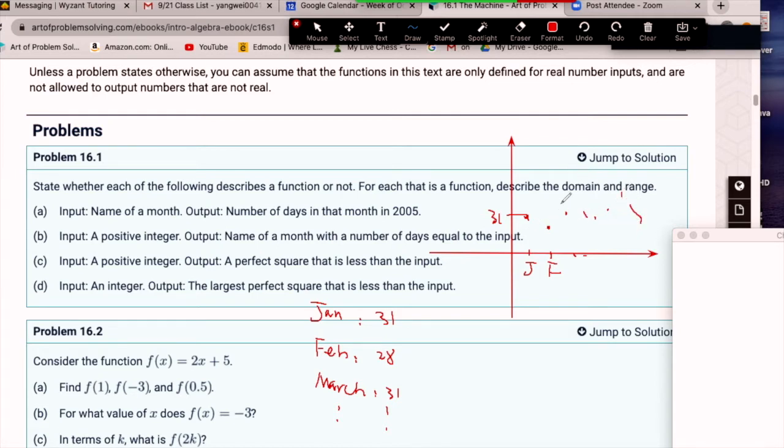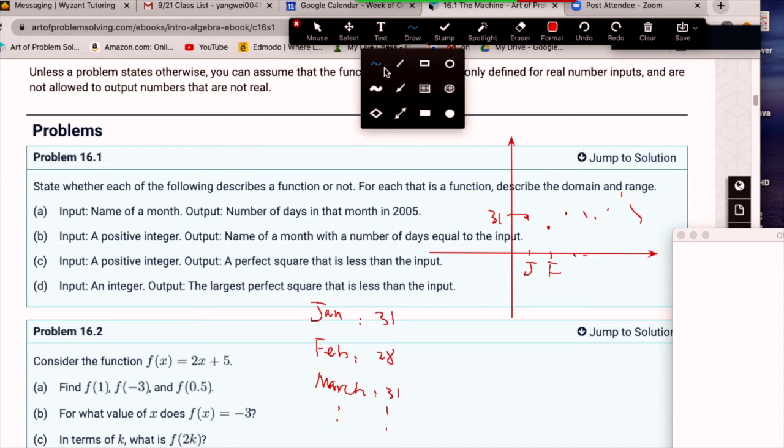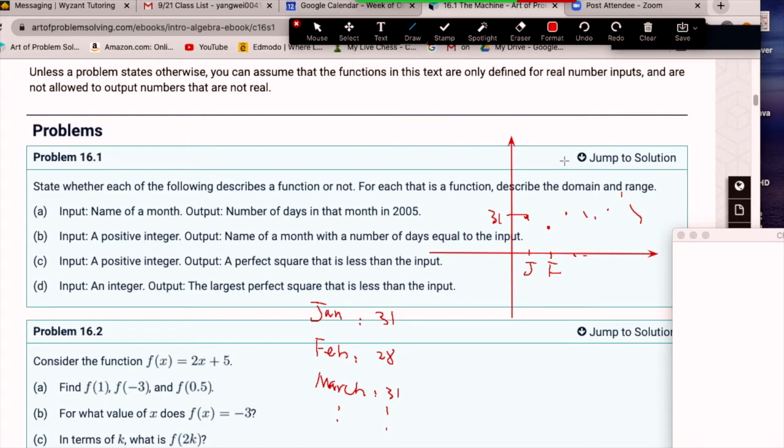So this one, as the shortcut I told you, if you try to check if this is a function, you draw a vertical line, you can never get the same x corresponding to 2 y's, right? So that means this one's a function.